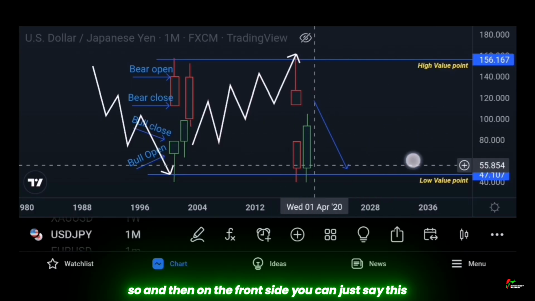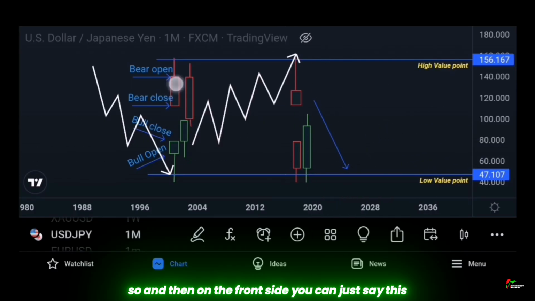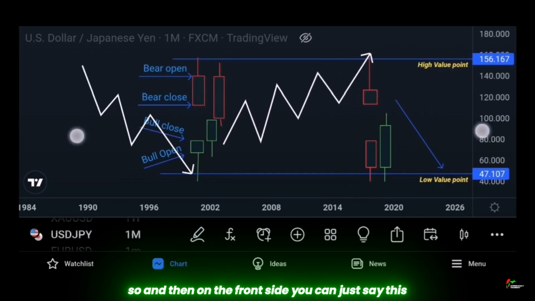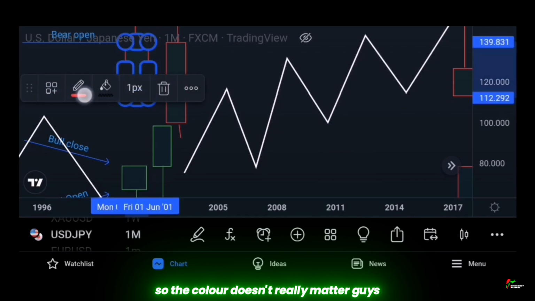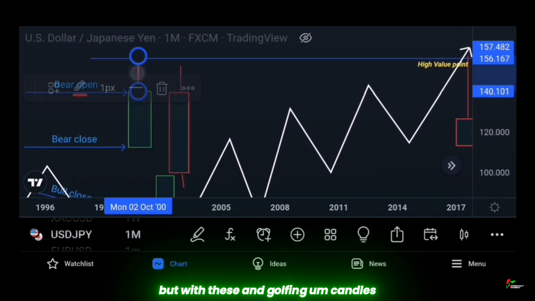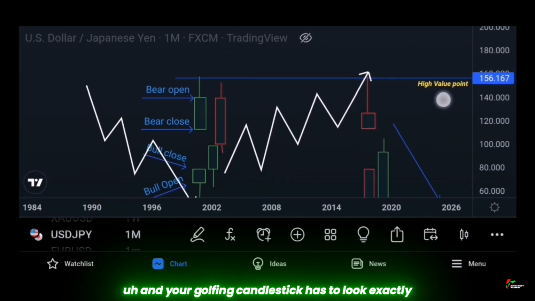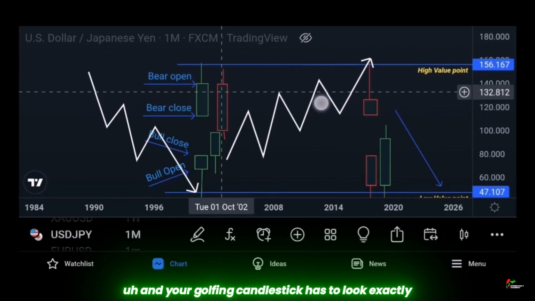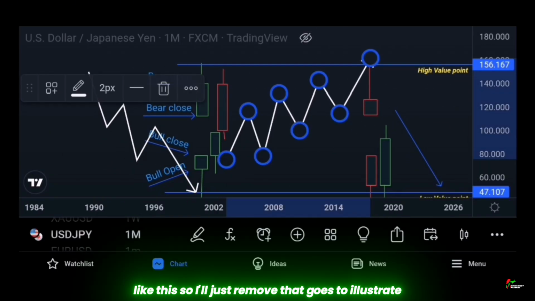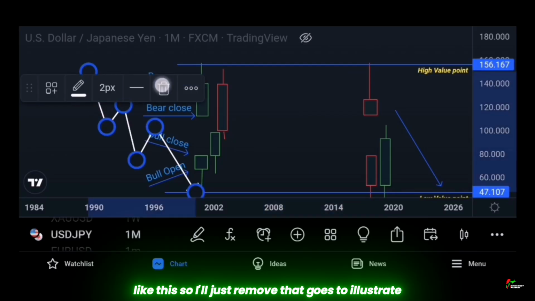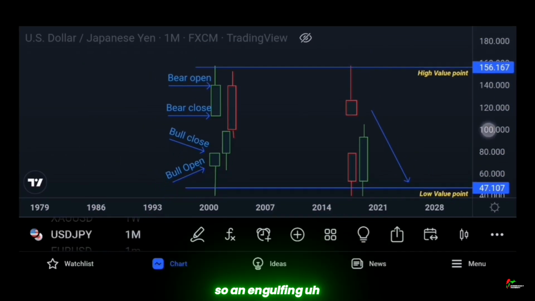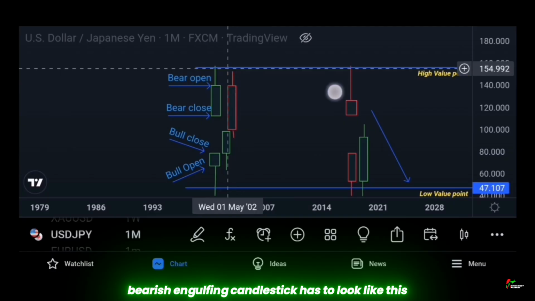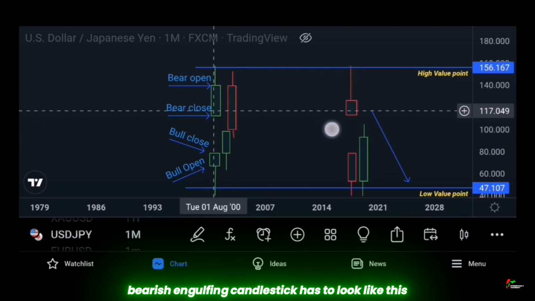On the flip side, you can just say this. The color doesn't really matter, guys, but with these engulfing candles, an engulfing candlestick has to look exactly like this. I'll remove that just to illustrate. A bearish engulfing candlestick has to look like this.